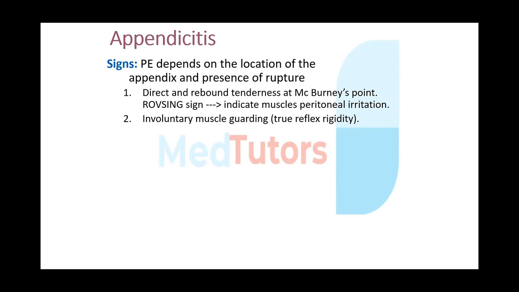Rovsing sign, positive Rovsing sign, is palpation of the left iliac fossa and the patient feels pain in the right iliac fossa. Now it indicates muscle and peritoneal irritation, because when you palpate on the left iliac fossa, it displaces the abdominal viscera to impinge on the appendix as well as the parietal peritoneum and the anterior abdominal wall.